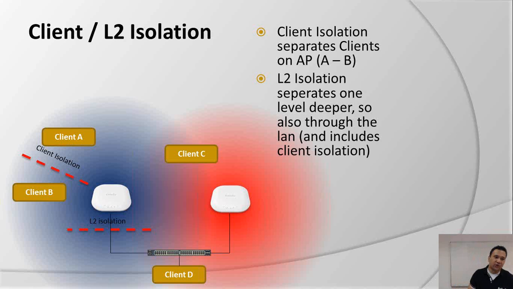So therefore you need L2 isolation, which also isolates one level deeper, and so the LAN will also be isolated. That means if you use L2 isolation, all the clients are separated. Also, if you use L2 isolation, that also includes client isolation automatically.